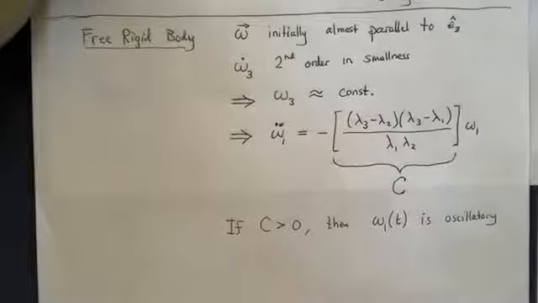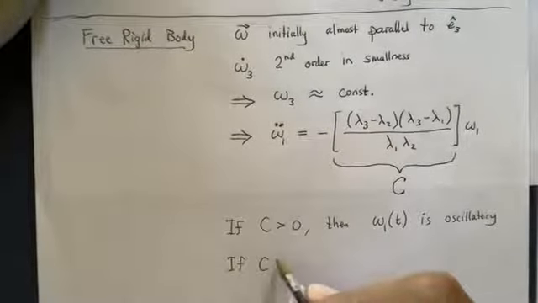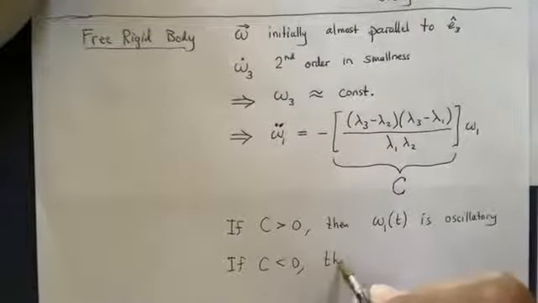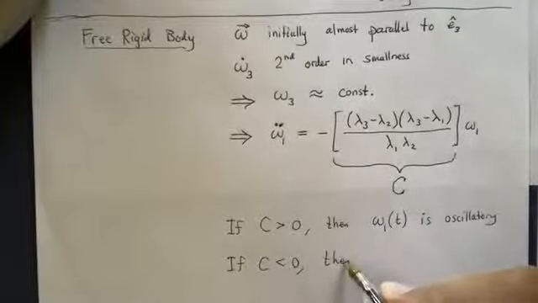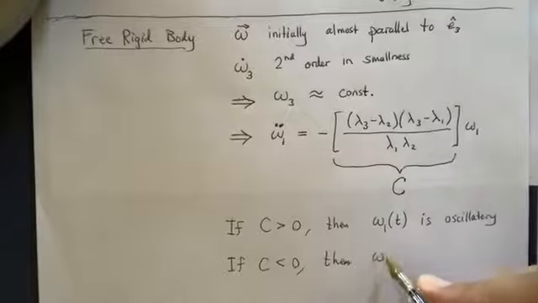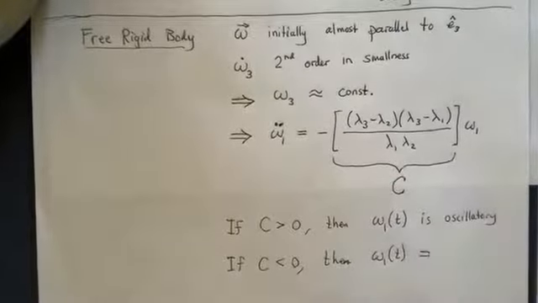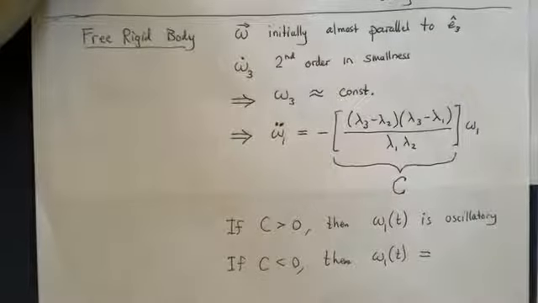Okay. And conversely, if C is negative, what do we know? Okay, so then what we have here, it's a linear combination of an exponentially growing and an exponentially decaying, right?